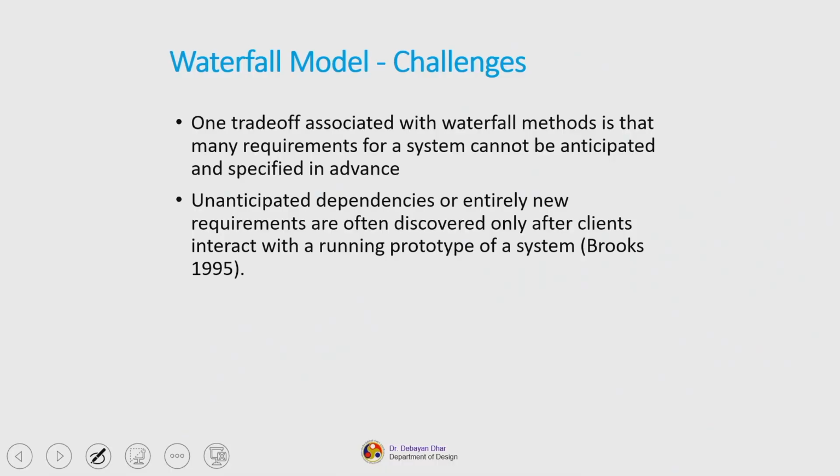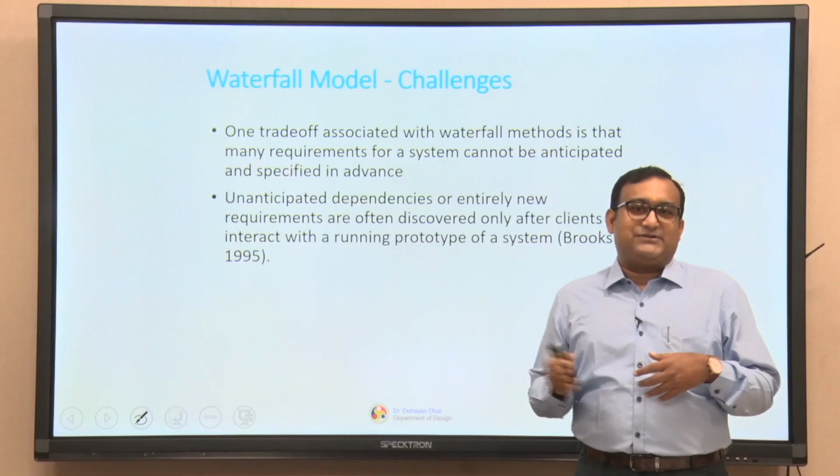Now, in spite of the waterfall model being modular and providing a lot of benefits to software developers, it had its own challenges. One trade-off is that many requirements for a system cannot be anticipated and specified in advance. If you see the waterfall model, you would realize it is a very linear process.